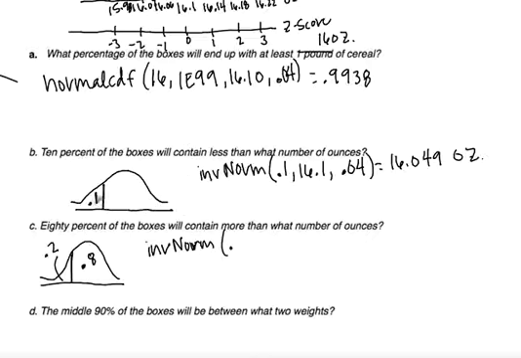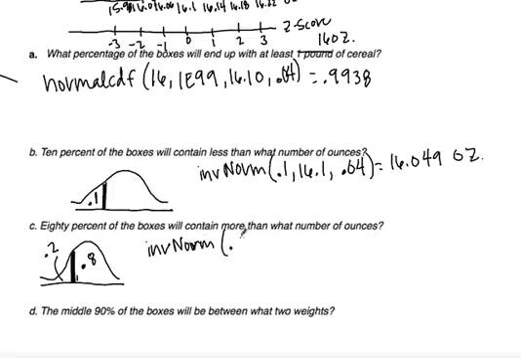Because this one is saying they're going to contain less than what number, so this being your line. And this one is asking you for this number as well, but this time 80% are going to contain more than what number of ounces. So really, instead of being worried about the 0.8, you're going to be worried about the 0.2.